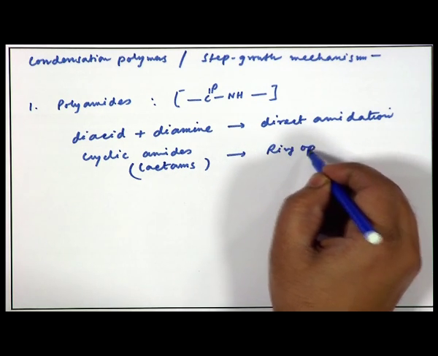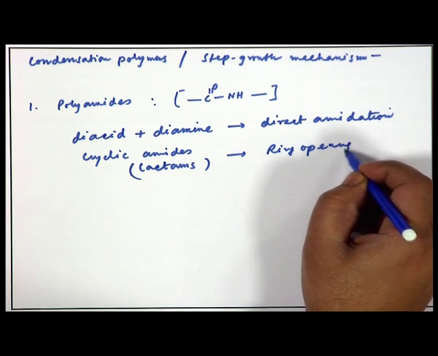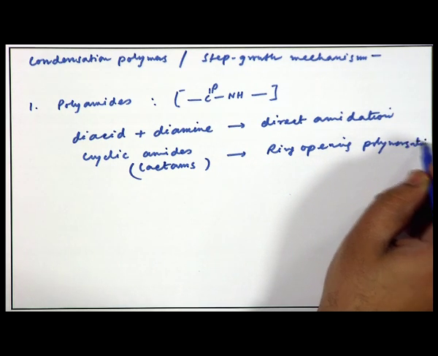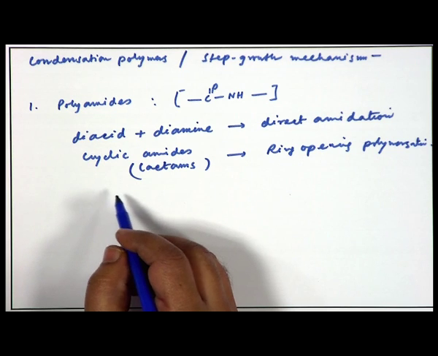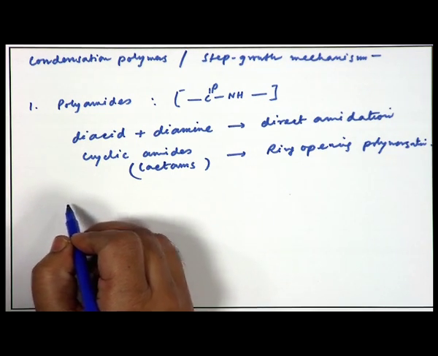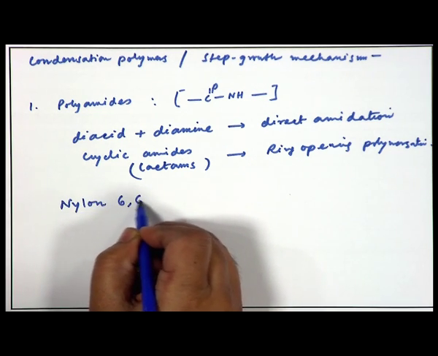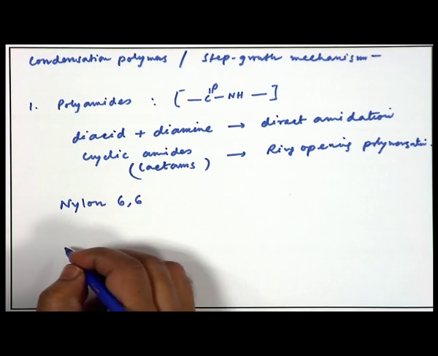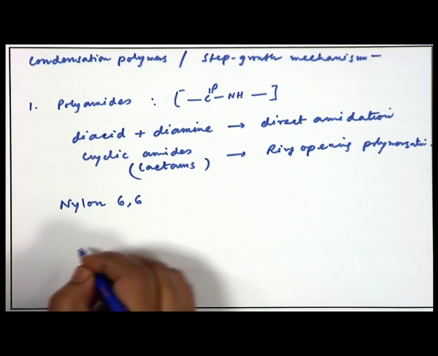Basically, you open the ring and it will form a polyamide. One of the most important polymers in this polyamide region is nylon 6,6. So, basically you take two monomers, one is hexamethylene diamine.